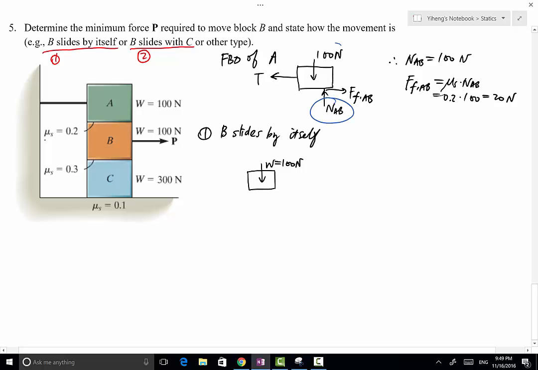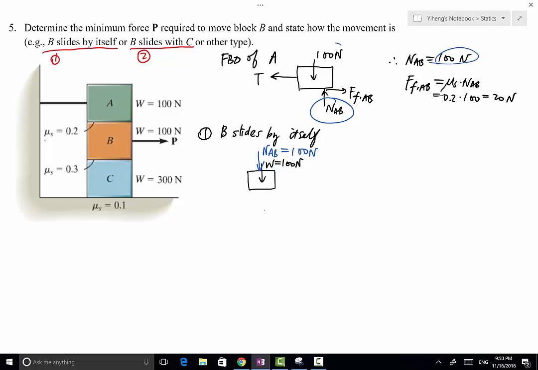This is the normal force from B to A. Because of action and reaction, we also have the same normal force NAB, which equals 100 Newton. That is the force exerted by A to B. We don't know the location of NAB. At this point, it's not very important because, again, we cannot write any moment equilibrium equations.